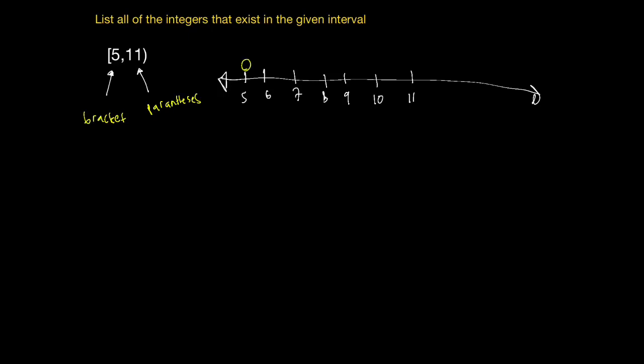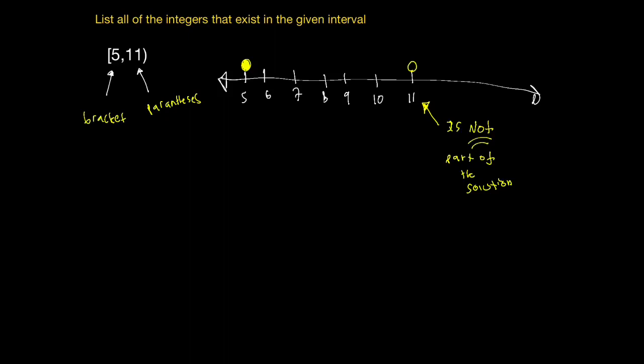Above 5, since I have a bracket, I'm going to shade this circle. On 11, since I have a parenthesis, I'm just going to leave it open. Whenever we have an open circle, we say that the number is not part of the solution.